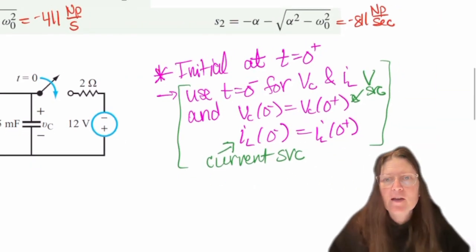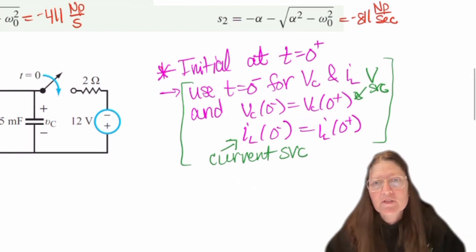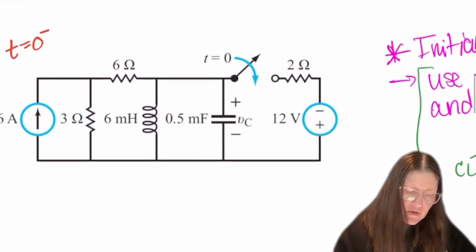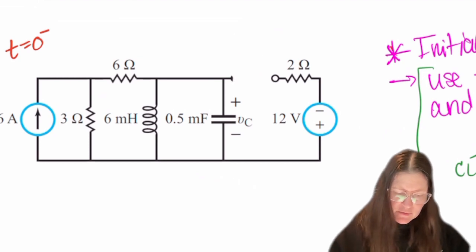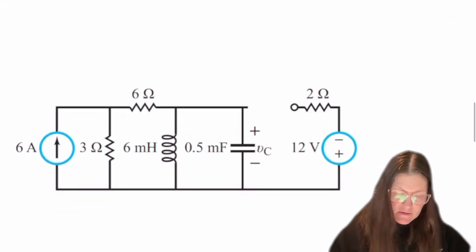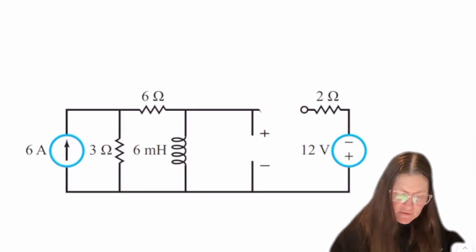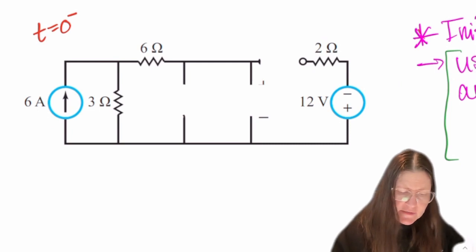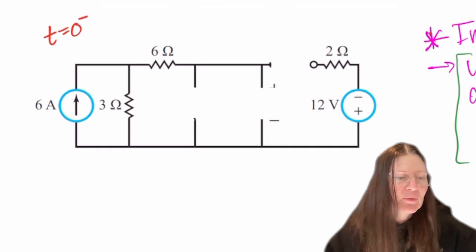But in order to find that, we need to find that 0 minus for VC and IL. So to do that, we're going to again redraw the circuits without the switch and without the capacitor. And so I'm just going to remove those for now. And then for this one, that is the 0 minus, the switch is still open.